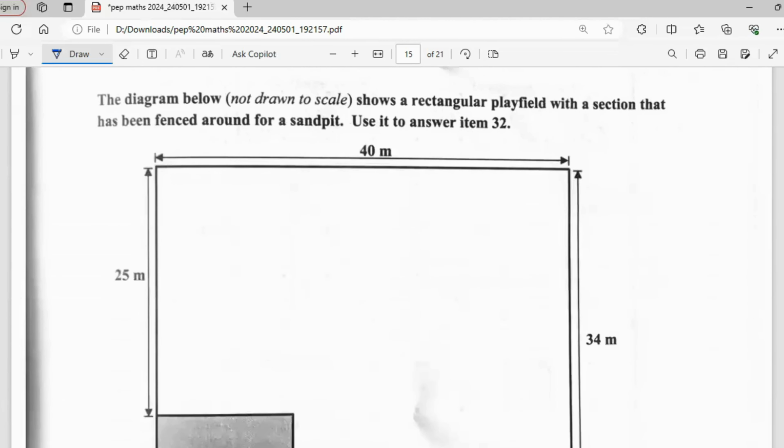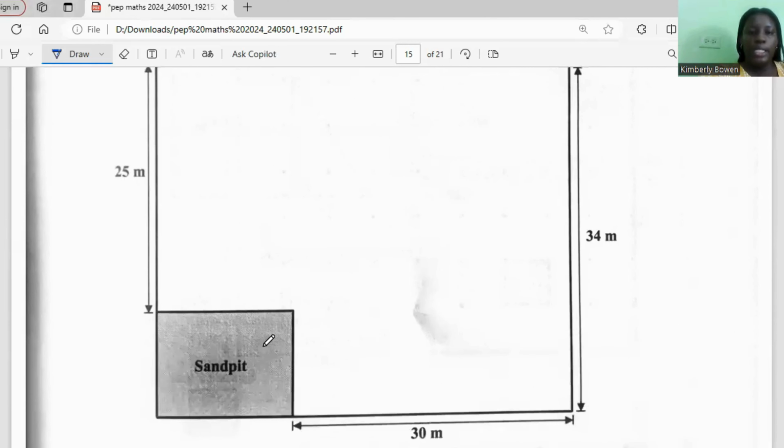The diagram below, not drawn to scale, shows a rectangular play field with a section that has been fenced around for the sand pit. Use it to answer item 32. So we're seeing the sand pit here.